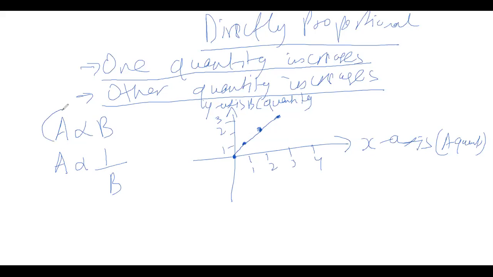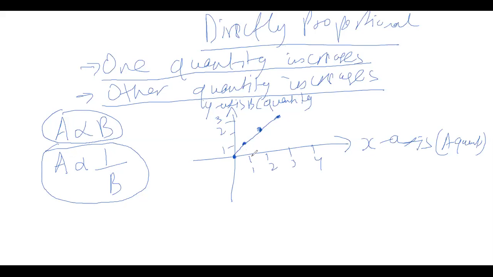Now see, the symbol is the same for directly proportional and inversely proportional. The difference is that in directly proportional, B is in the numerator, and in inversely proportional, B is in the denominator. This is how you write it. Clear? What directly proportional means is that both quantities are increasing by the same amount.